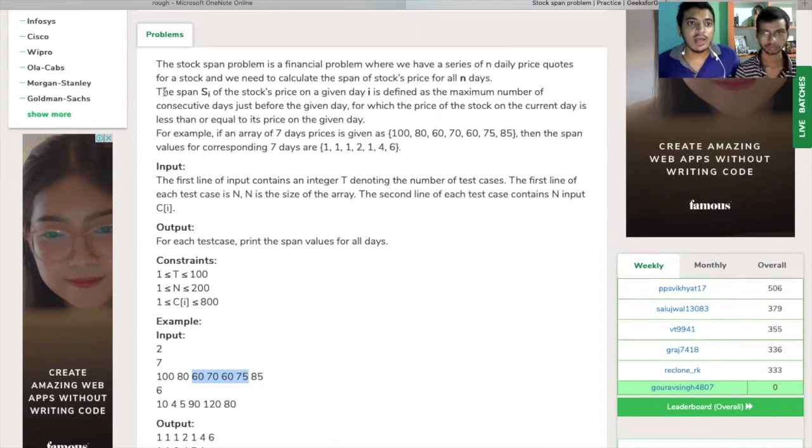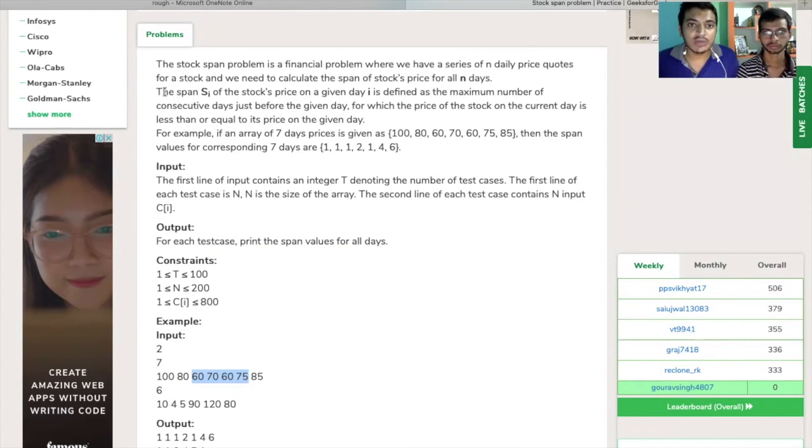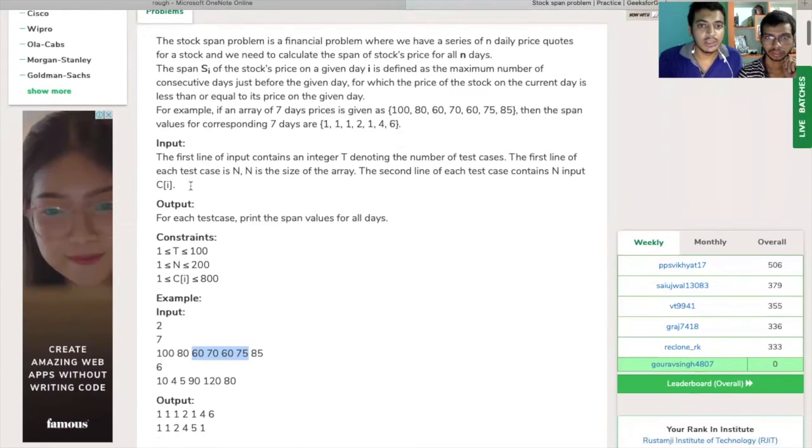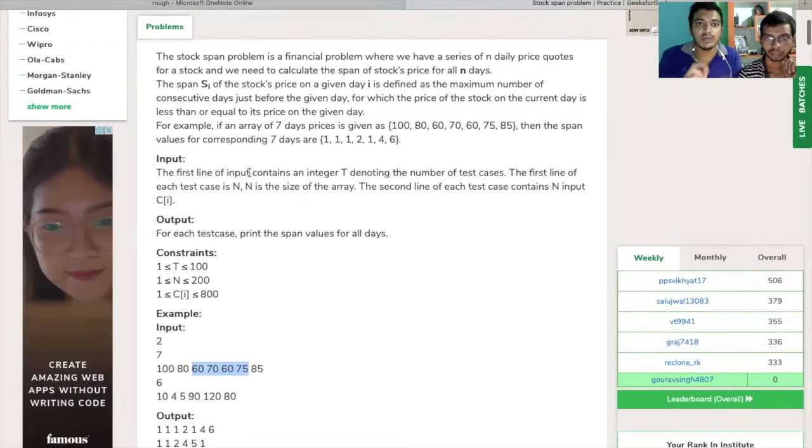The span Si of the stock price on a given day i is defined as the maximum number of consecutive days just before the given day for which the price of the stock on those days is less than or equal to the price on the given day. For example, you are given a particular stock with n prices for n different days.